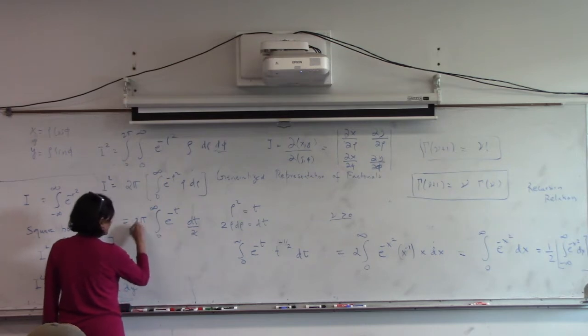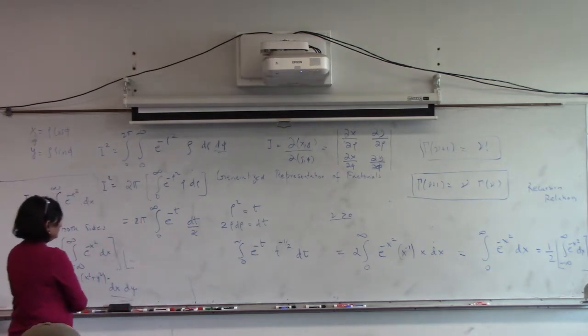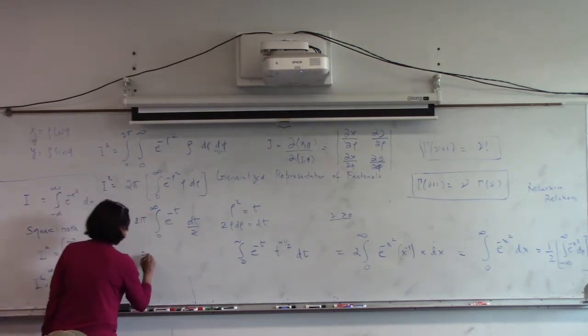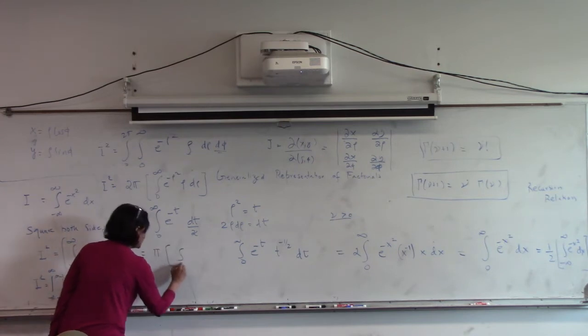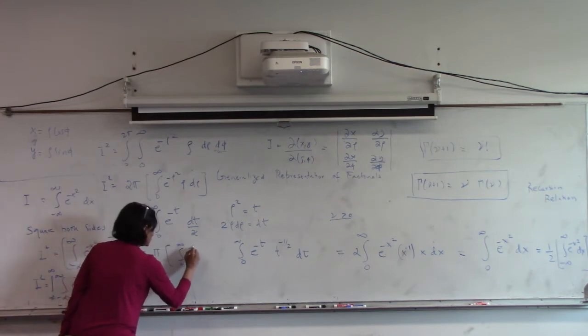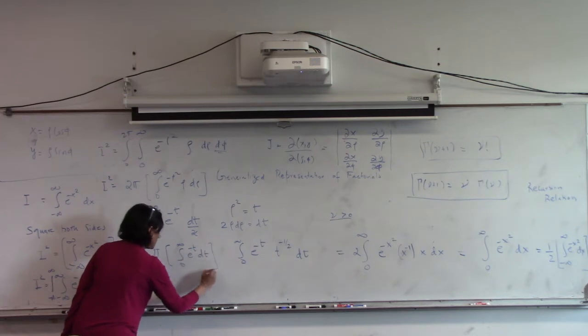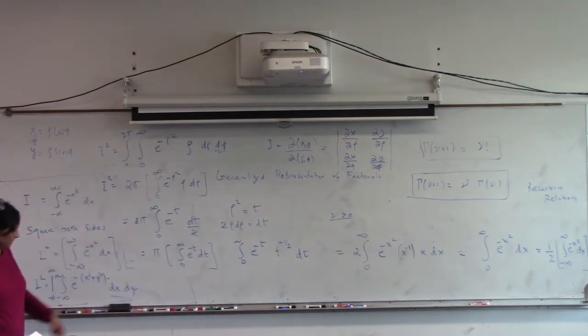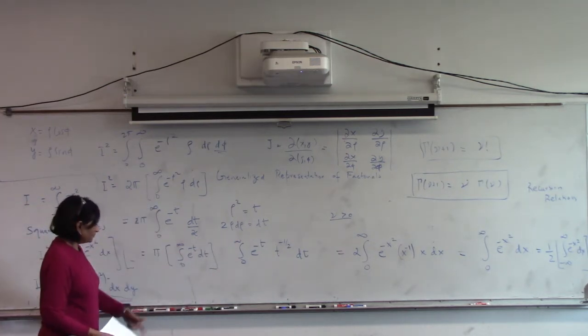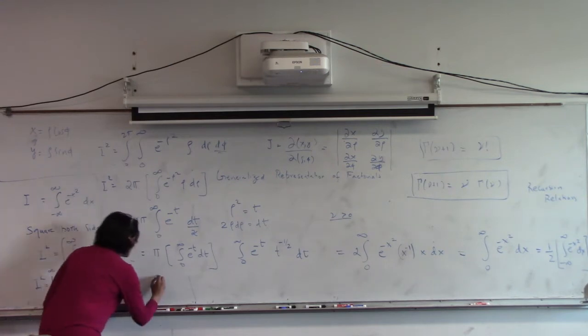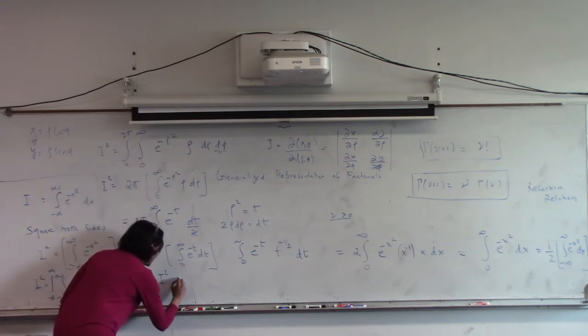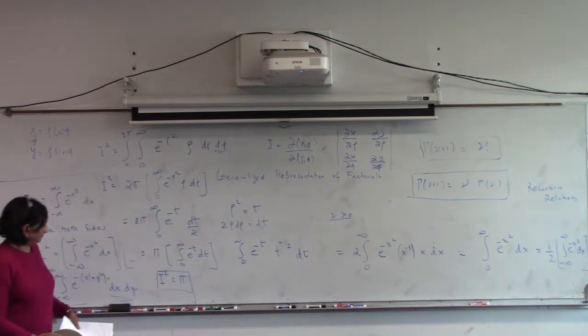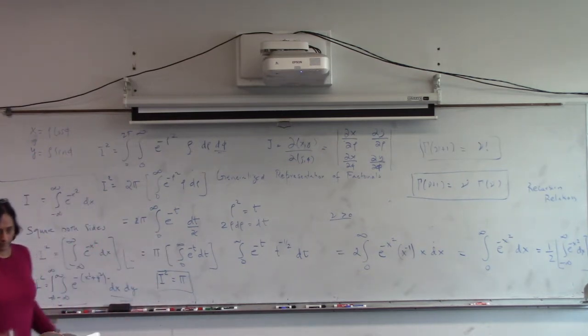It is just exponential of minus rho squared with a negative sign, from 0 to infinity. You can calculate. So the integral I squared is nothing but pi. Is it clear?